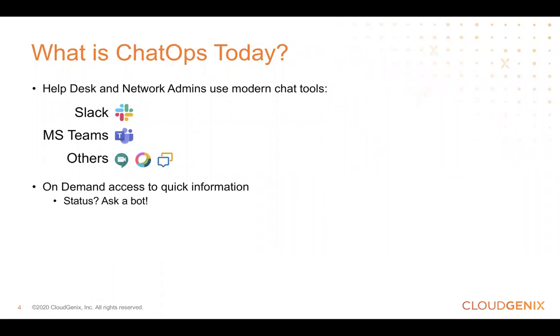So what is ChatOps? ChatOps is basically the use of these chat clients, chatbots, and real-time communication tools to facilitate collaboration and help with your day-to-day operations. Basically, the way things are communicated and also how certain tasks are executed. It's on-demand access to quick information.